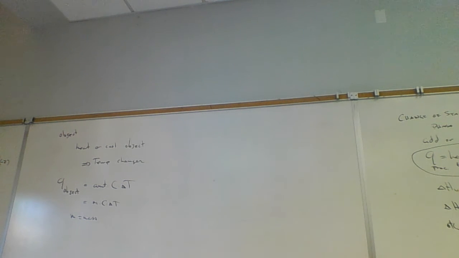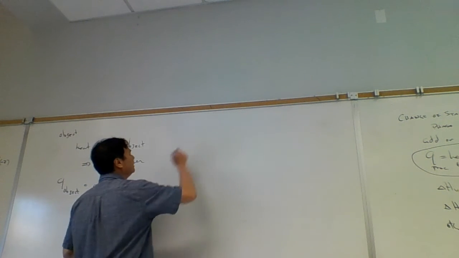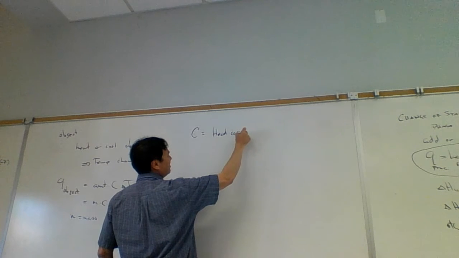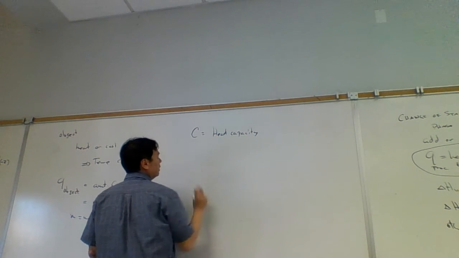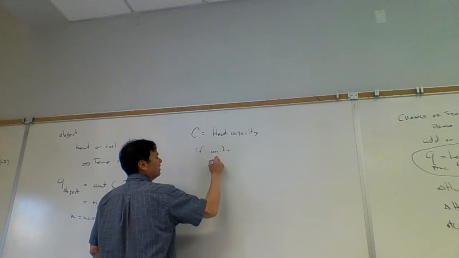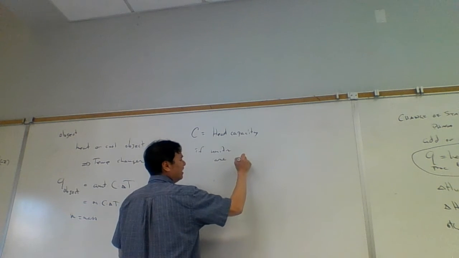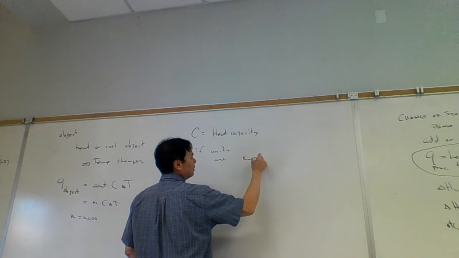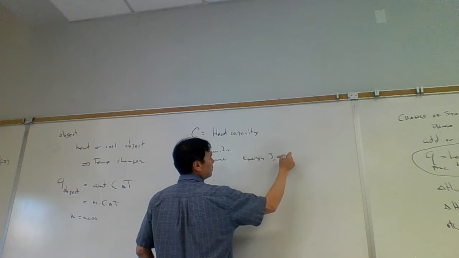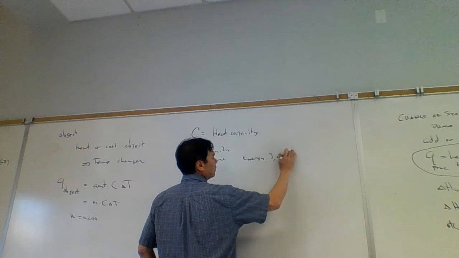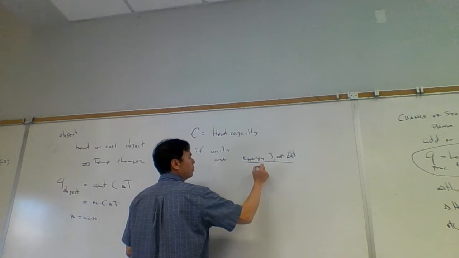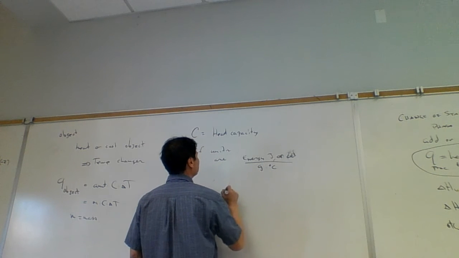So what is C then? C is called the specific heat. Well, actually C is the heat capacity. It depends on the unit. If the units are energy in joules or calories per gram degree C, then we call that specific heat.